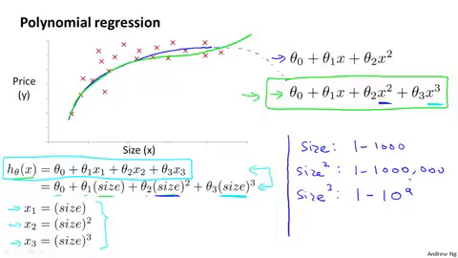And so these three features take on very different ranges of values, and it's important to apply feature scaling if you're using gradient descent to get them into comparable ranges of values.